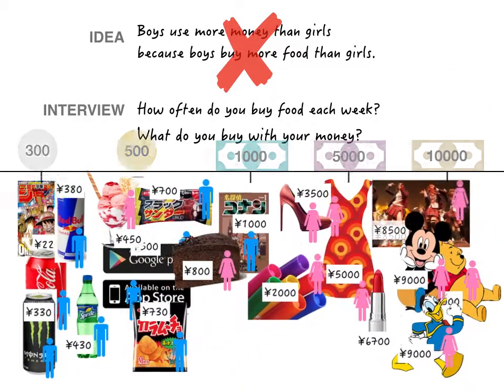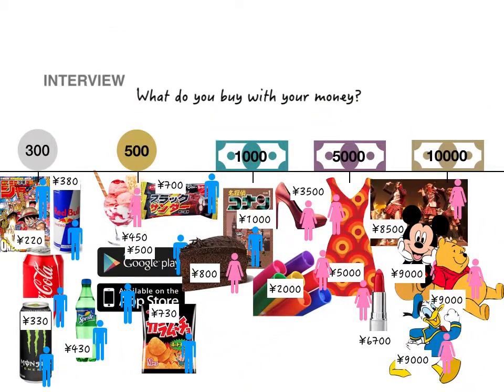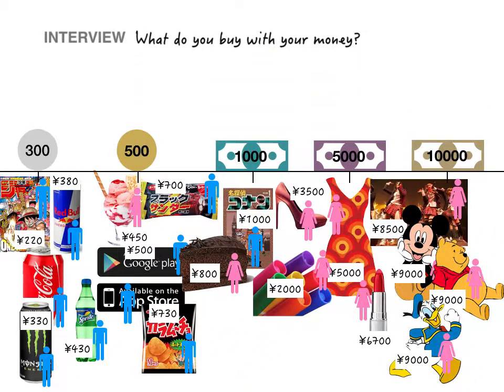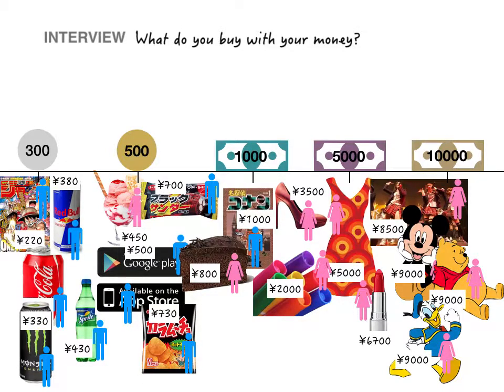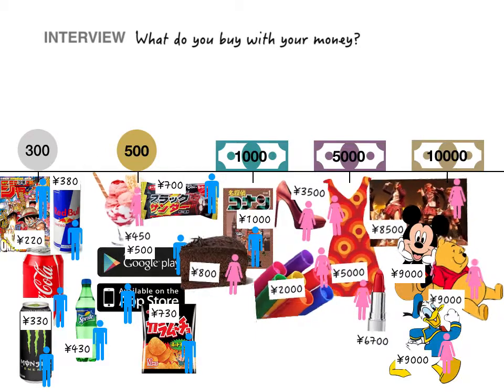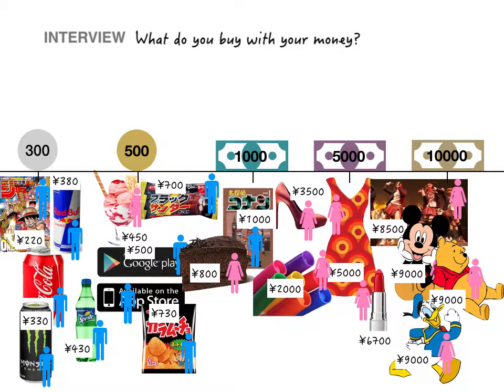Let's look at the results of our second question a different way. Let's put them in groups by price. This is interesting. Most boys use their money to buy cheap things, and most girls use their money to buy expensive things. So we can say that boys and girls use their money differently.